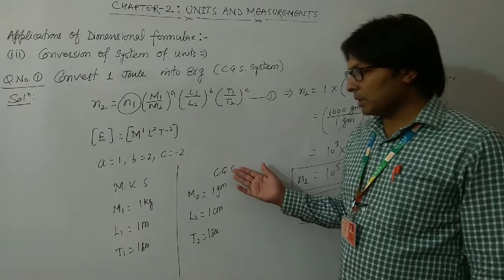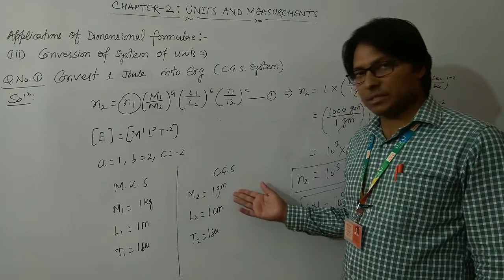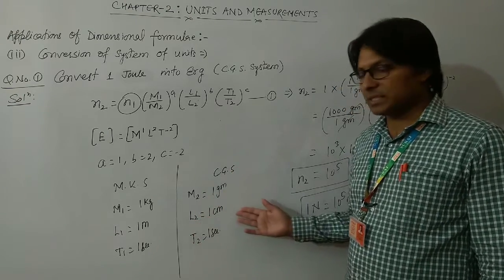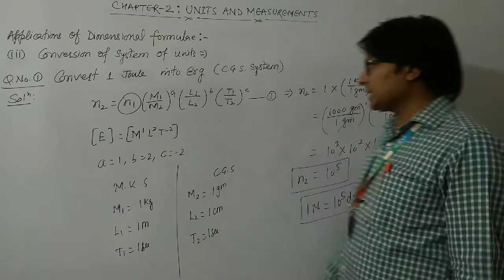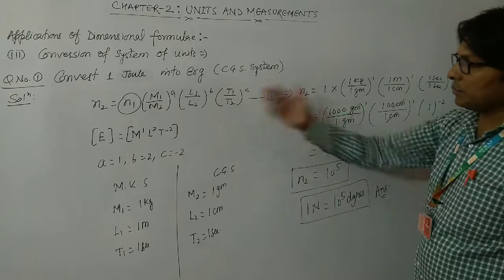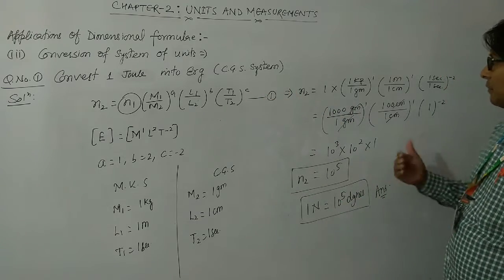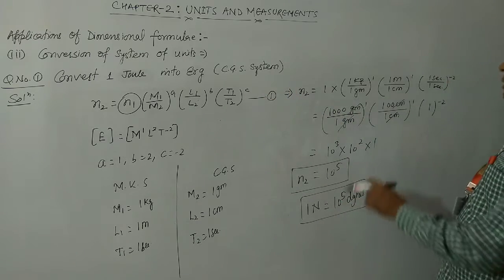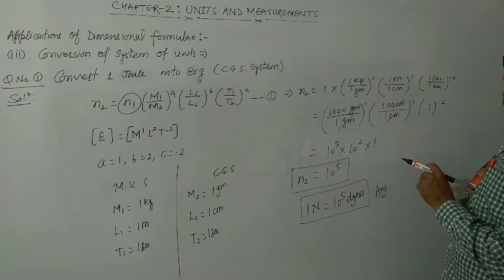In the CGS system, mass is measured in gram, length in centimeter, and time in seconds. We will put these values into the equation and solve it. Where is the change going to happen?